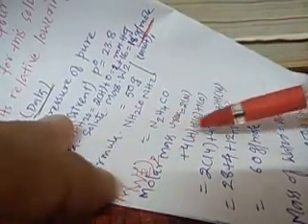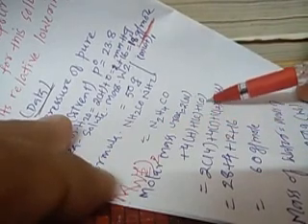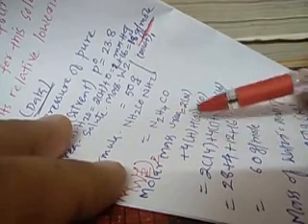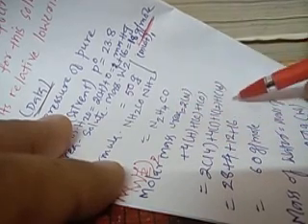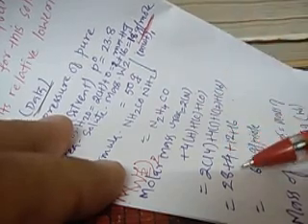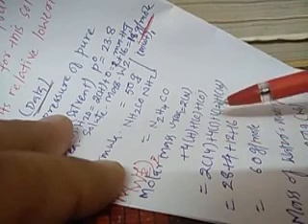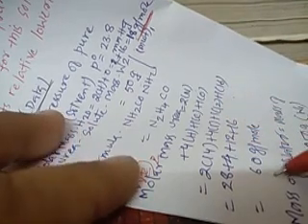You write 2 N, 4 hydrogen, 1 carbon and 1 oxygen. For nitrogen you put 14, for hydrogen 1, for carbon 12, and for oxygen 16. So ultimately you get 2 into 14, that is 28, 4 into 1, that is 4, 12 into 1, that is 12, and 16 into 1, that is 16, and ultimately you get the molecular mass of urea, that is 60 gram per mole.